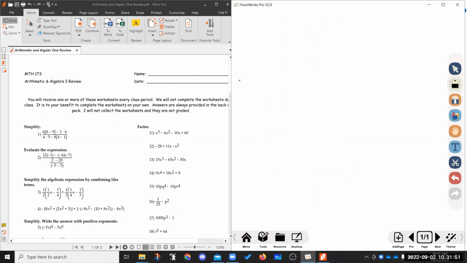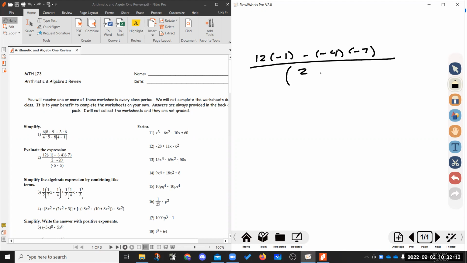Next problem, we have a complex fraction, which means we have a fraction inside of a fraction. So there's my big fraction bar, and then my little fraction down here.